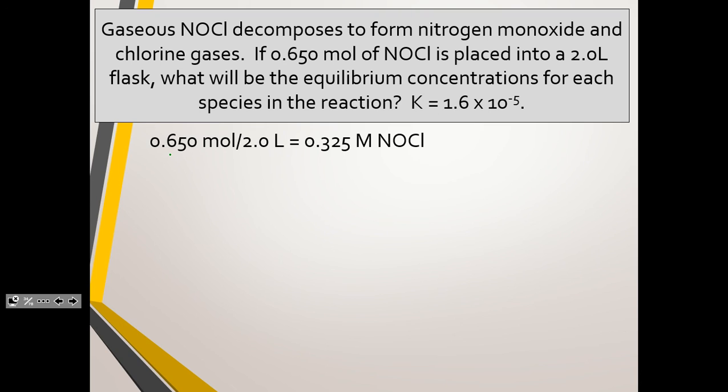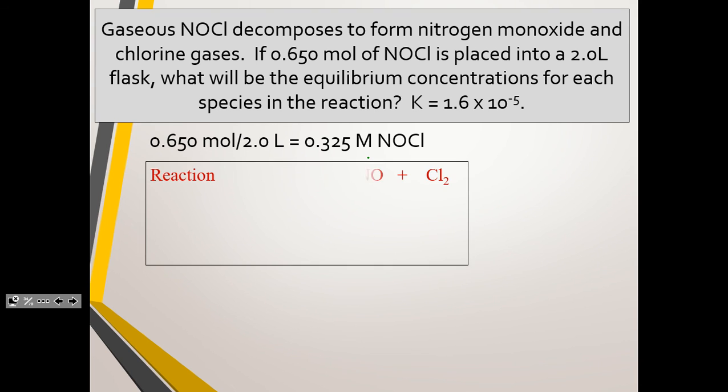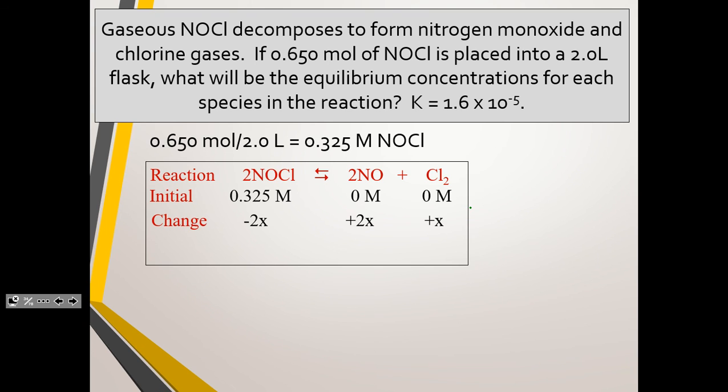Initially, I have 0.65 moles, and I'm going to divide it by 2 liters to find the initial concentration of NOCl. I'm going to set up my RICE table as follows. Reaction, make sure it's balanced. We have a 2 to 2 to 1 ratio. Initially, I have 0.325 molar and 0 for the products because it was not stated in the problem that we had anything.